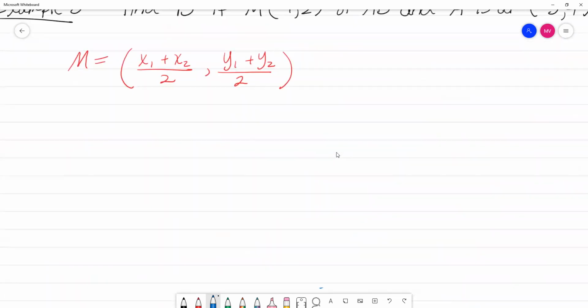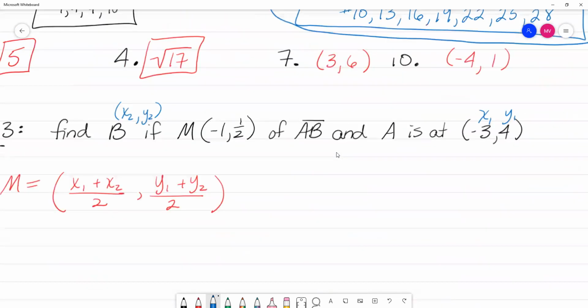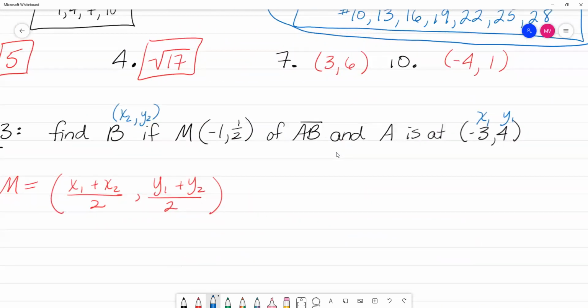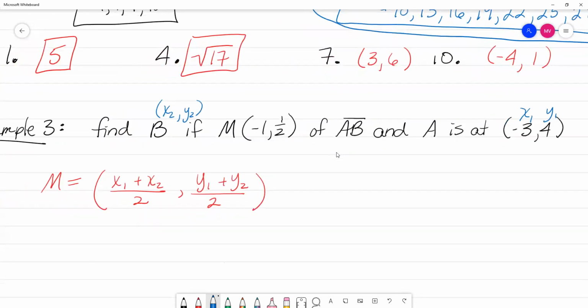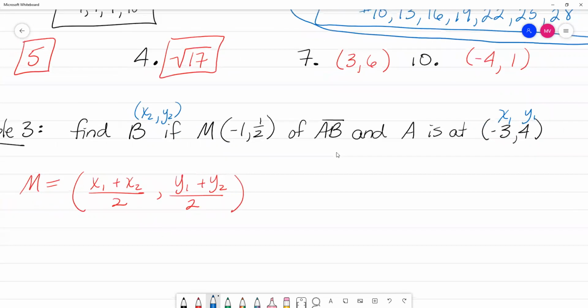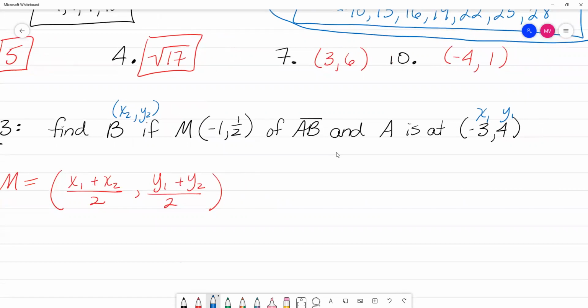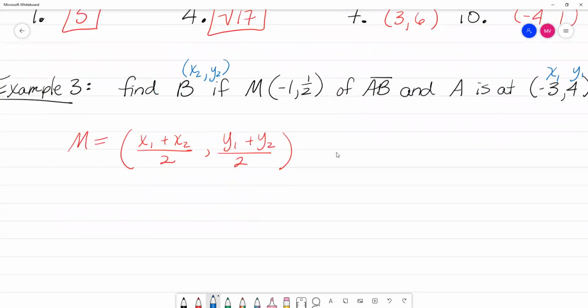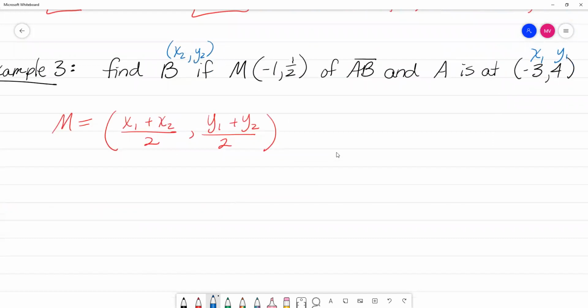So your midpoint formula, you can put an equal sign there. So midpoint equals the average of the endpoint coordinates. And so they've given you the midpoint is -1 and 1/2, and they've given you one endpoint A. So you need to find endpoint B. So you make B your x2, y2, and those become your unknowns.